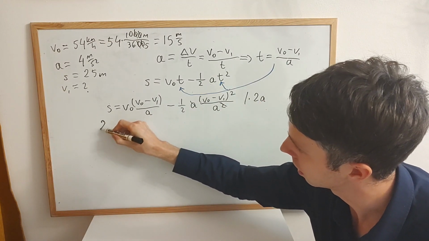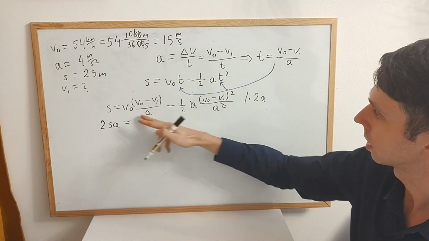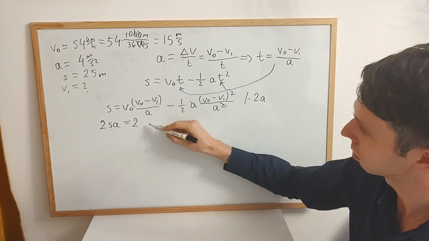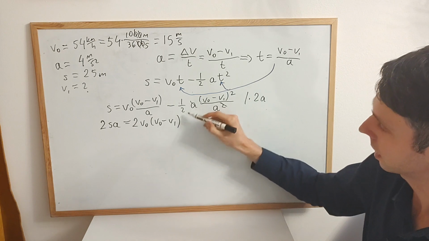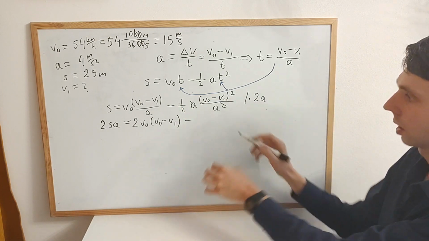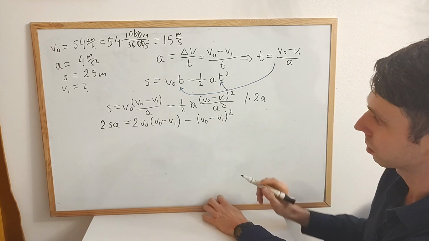So here I have 2sa equals, so here a cancels out, but you still have 2, so it's 2 v0 times v0 minus v1, minus, 2a cancels out, so it's minus v0 minus v1 squared.